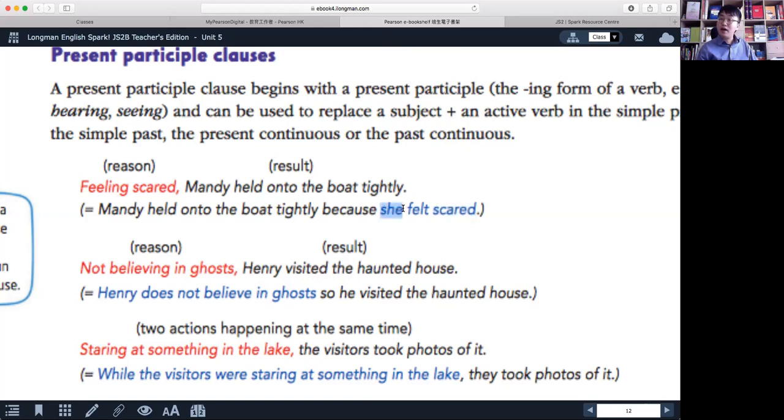She here is the subject of the sentence, and felt is the verb.